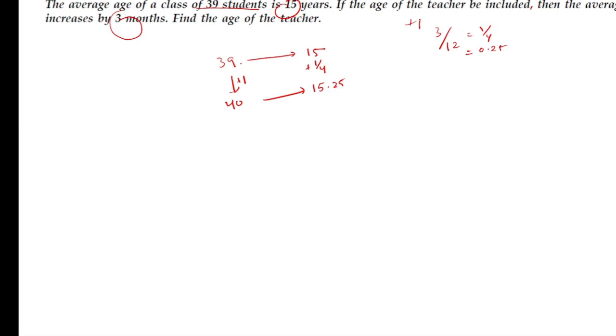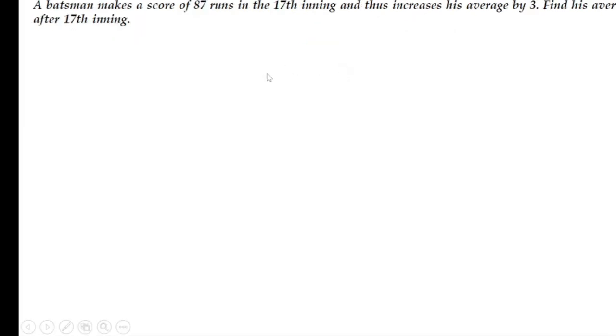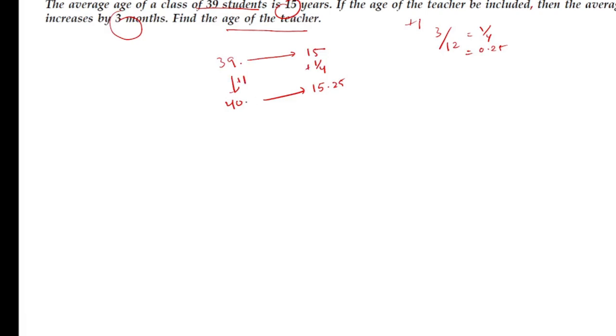So we are going to find the age of the teacher. Since we need to find the age of the teacher, it is 39 into 1 by 4, plus 15.25 into 1.